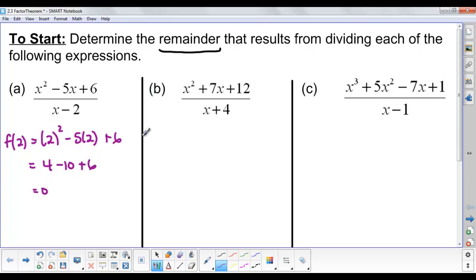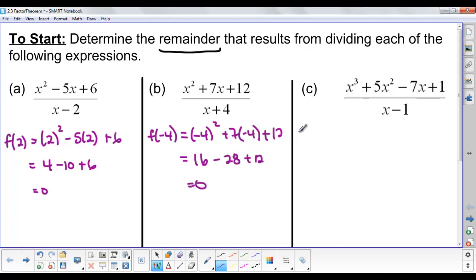Now let's try that again. Sub in a test root of negative 4 into our dividend. And working that out gives us 0.